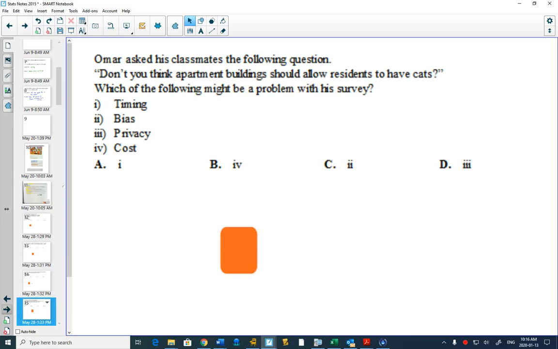Okay, again, just like before, and before it said language, this don't you think part affects you to say, yes, I should agree. So that becomes a bias. So last time they said language, this time the answer calls it a bias.